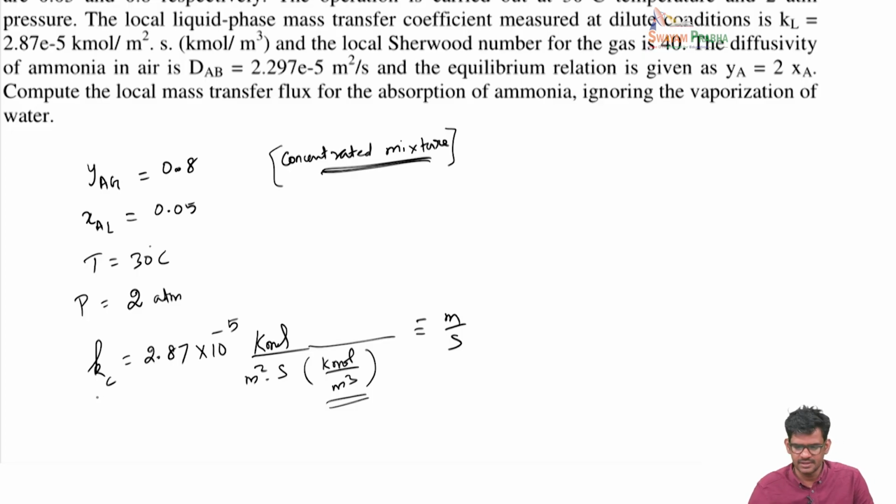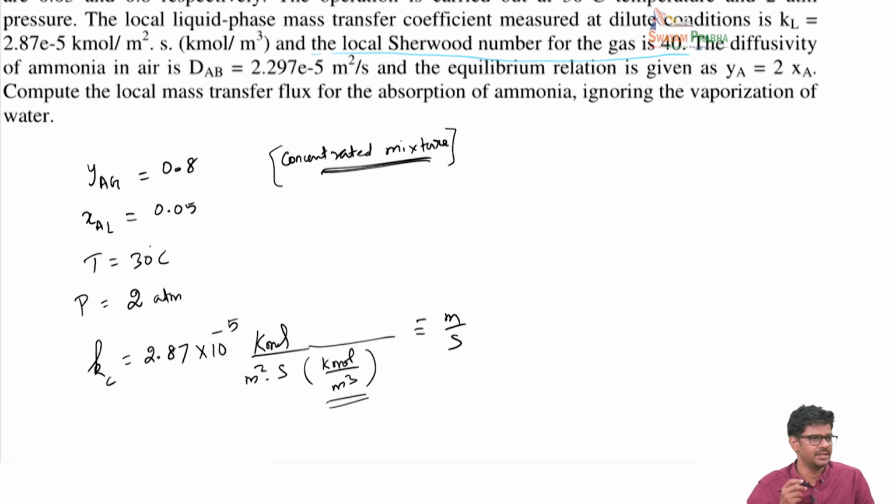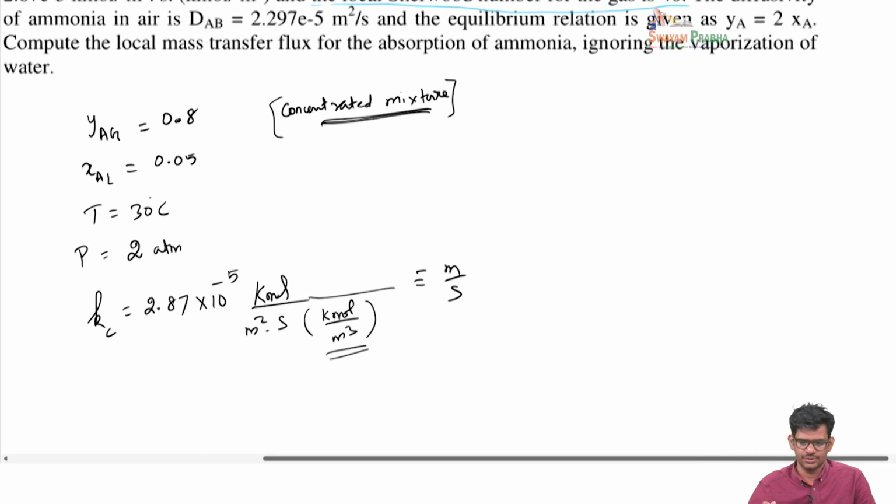So that is given, and then for the gas phase, the local Sherwood number for the gas is given. So Kg or Ky or Fg we don't know, but it is given in terms of Sherwood number, which is a non-dimensional number involving mass transfer coefficient. So Sherwood number is equal to 40.